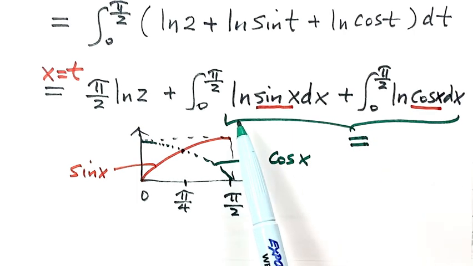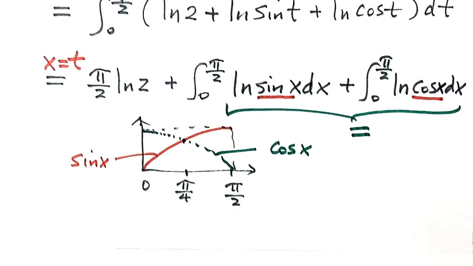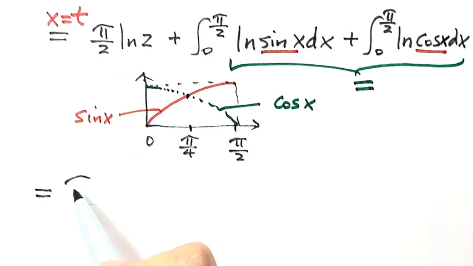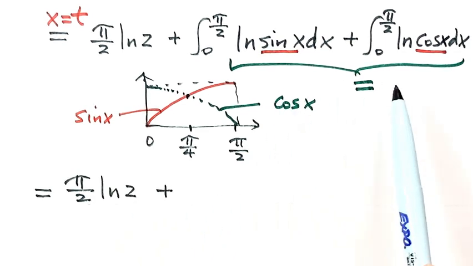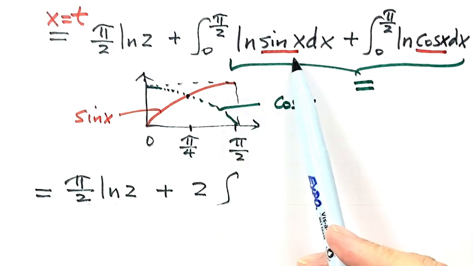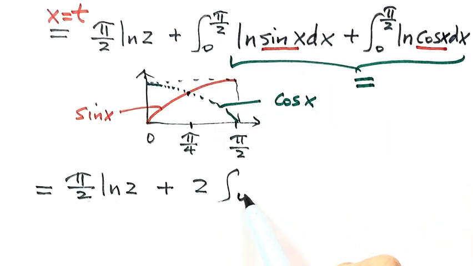So for these 2 integrals, we can put the following. It equals the first part, half pi log 2. Then for these 2 integrals, we can put 2 times this integral, the integral from 0 to half pi of log sine x dx.